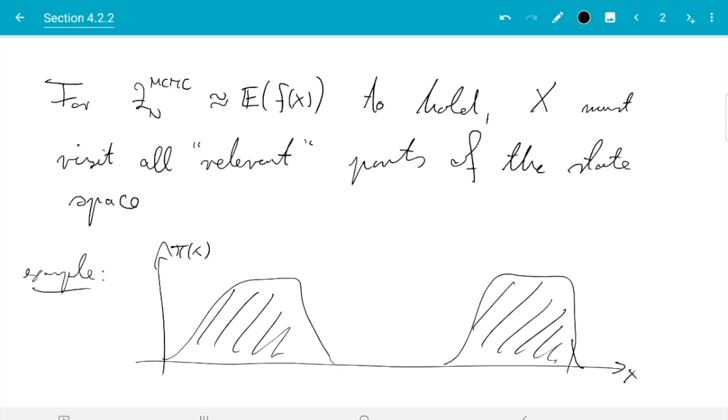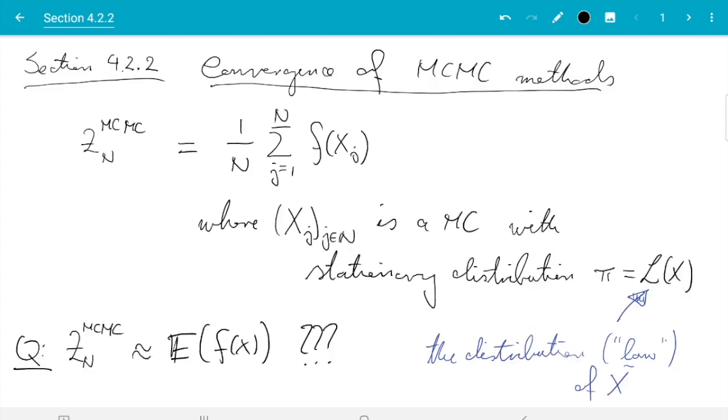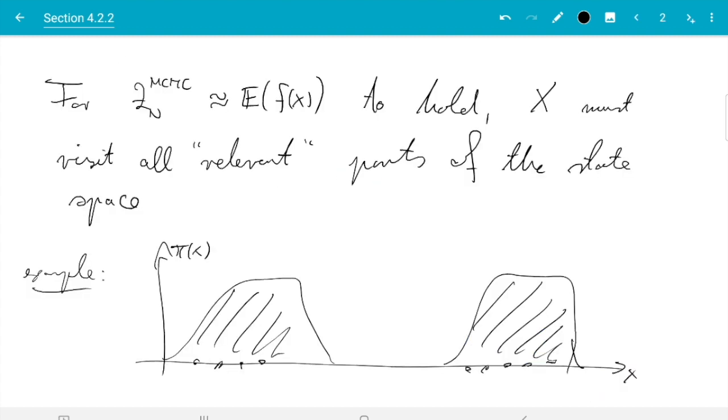If we get this right, then we will get some samples here and some samples here, and the method will work. It will jump between these two modes from time to time. It will see both of them, and the estimate based on the xj, which are sometimes in the left mode and sometimes in the right mode, should converge to the true expectation.